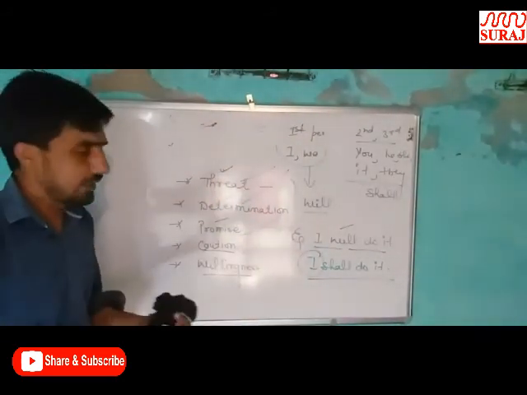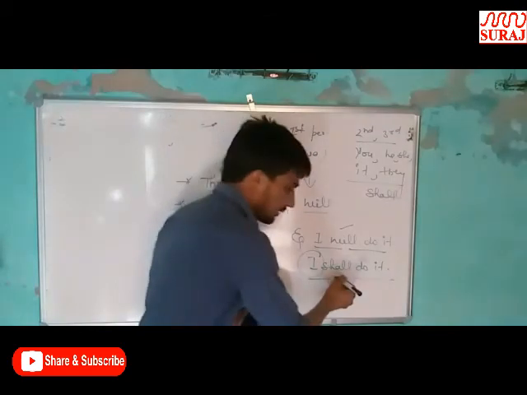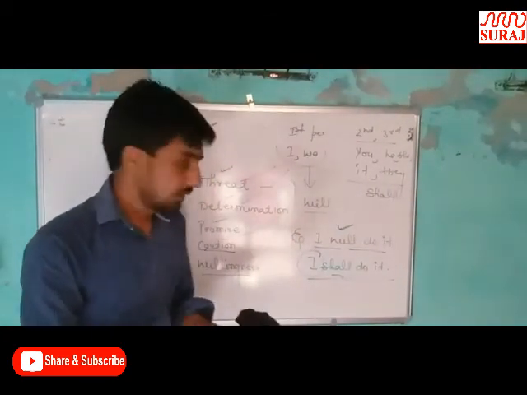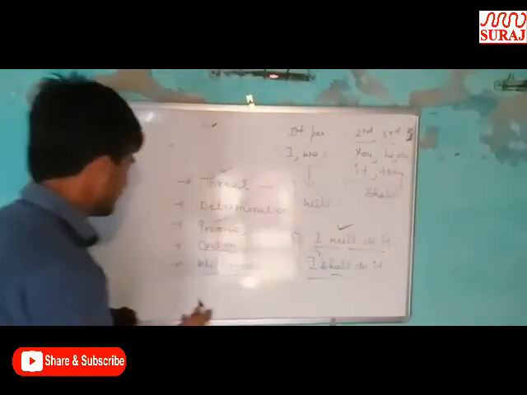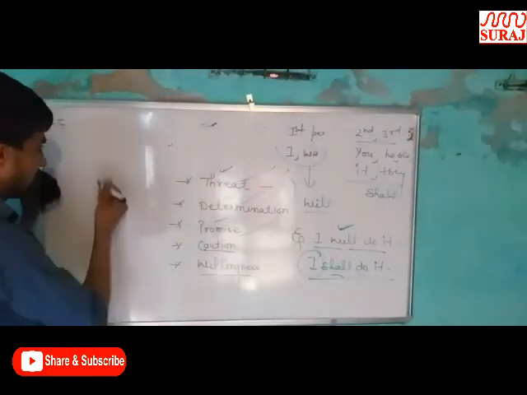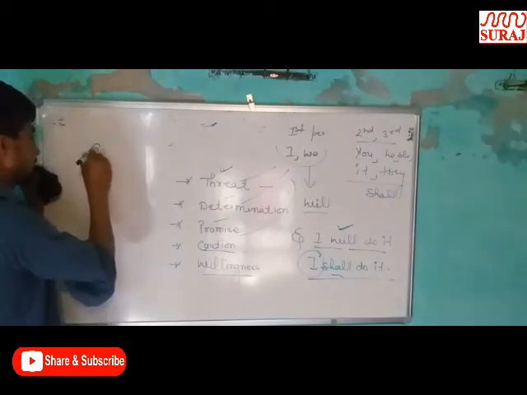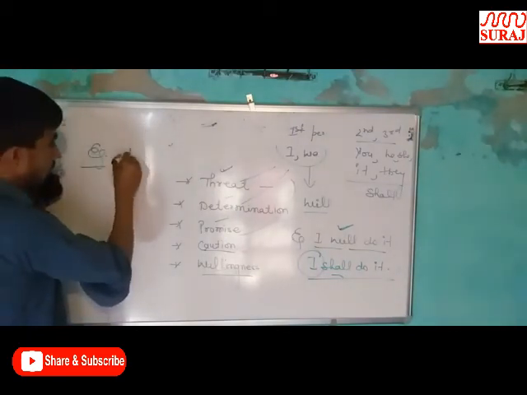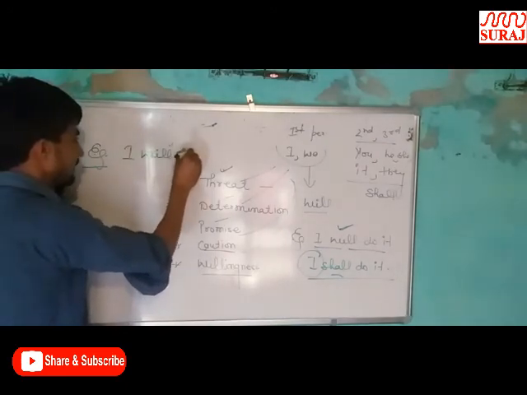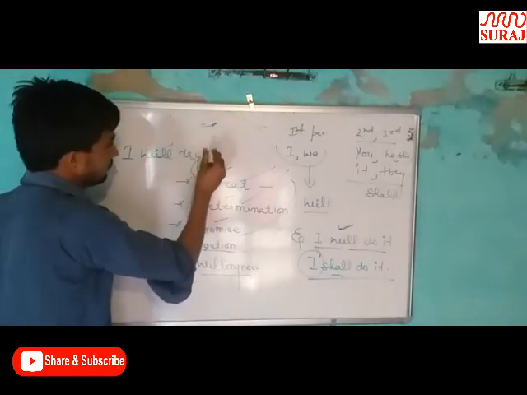And formally, I shall do it. It means in this sentence there is a formal proclamation of an action. I will means I will definitely do it. This is the difference.